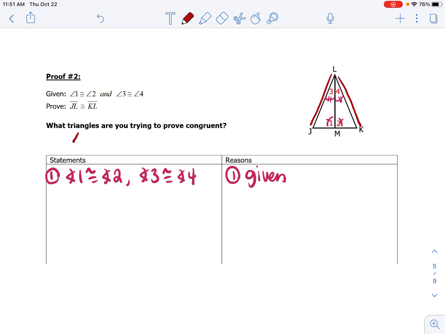So the triangles that we're trying to prove congruent are triangle JLM and triangle KLM. Okay, we're trying to prove those congruent. So what's one more bit of information that we could state in our proof that would help us prove these two triangles are congruent?